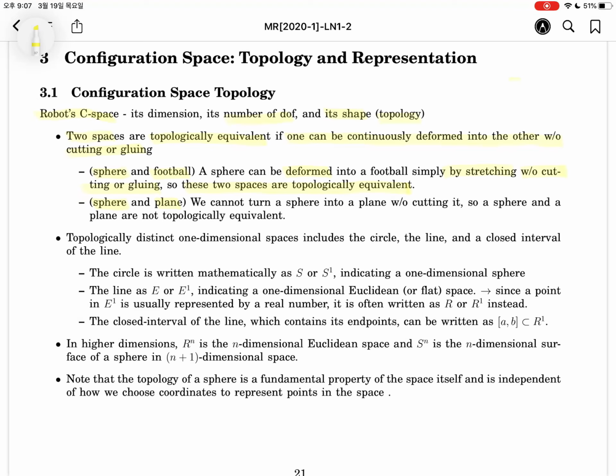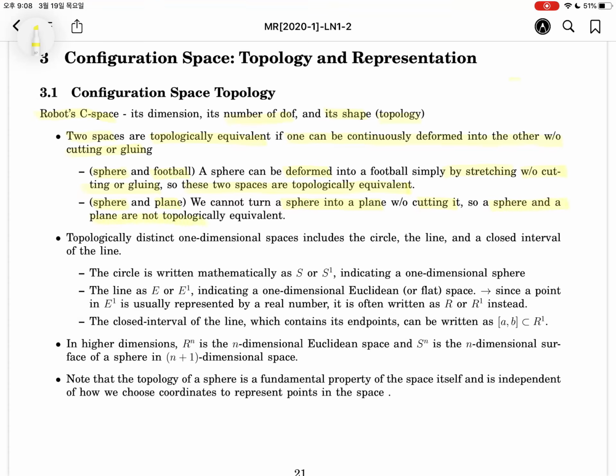On the other hand, let's consider the sphere and the plane. In this case, we cannot turn the sphere into the plane without cutting. Is it right? We should cut the surface of the sphere, then stretch and extend it to make the plane. So cutting is required to change from the sphere into the plane.